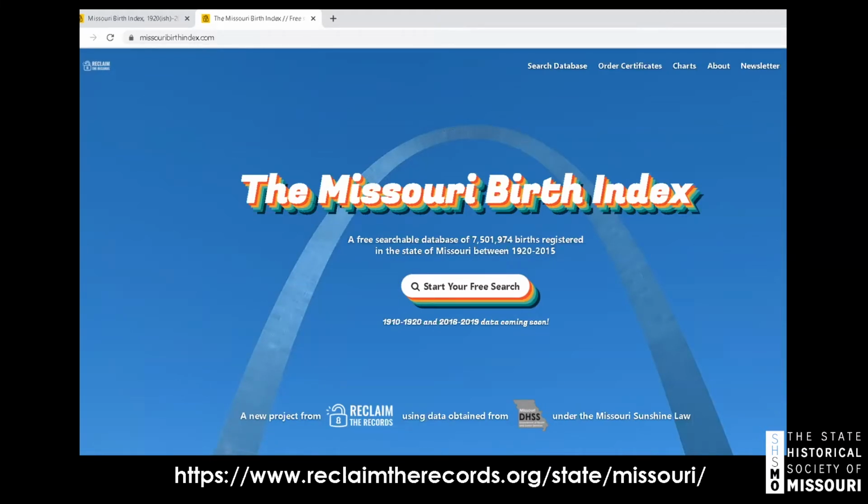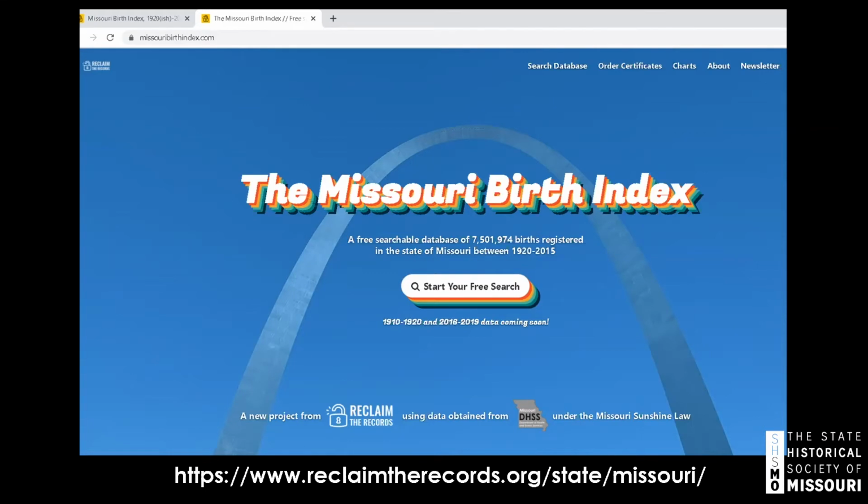Missouri was sued by Reclaim the Records a few years ago and lost the case. And so they had to turn over birth information through 2015 to the organization, which took a while to process and get online, but it's up there now, and the link is on your handout.